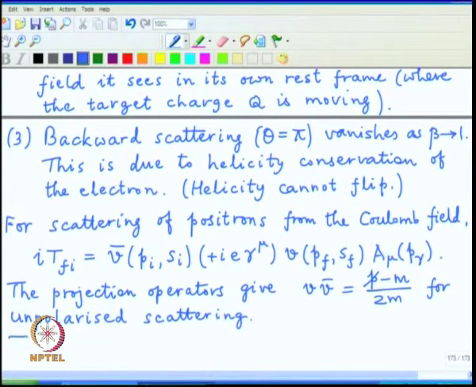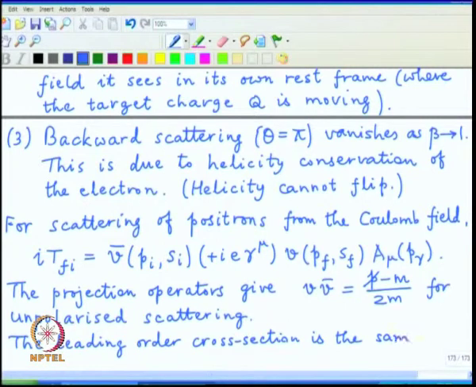So, the leading order cross section is the same as that for electrons.